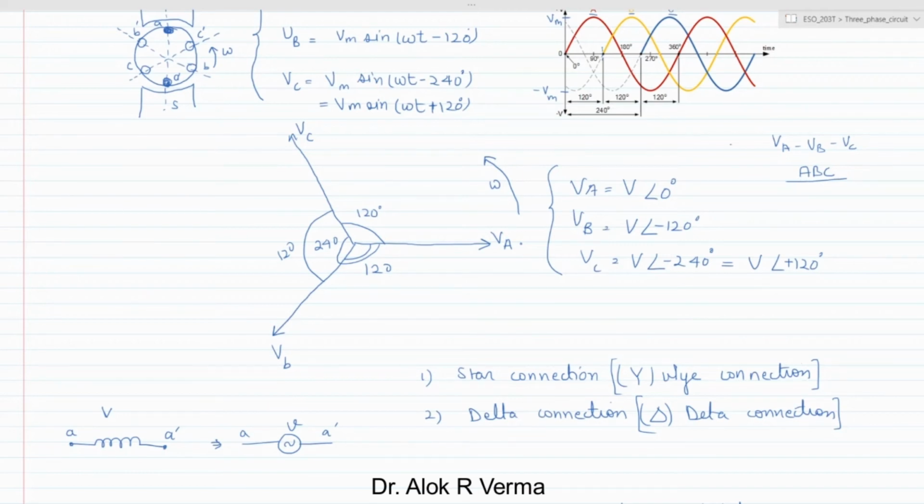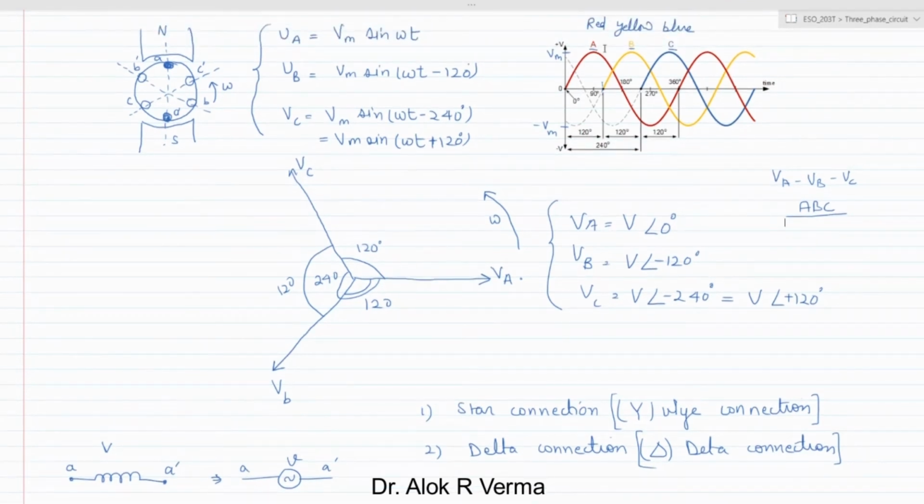Now, if you want to see here, A, B, C is basically red, yellow, and blue. So this is basically R, Y, B. So this is the phase sequence.